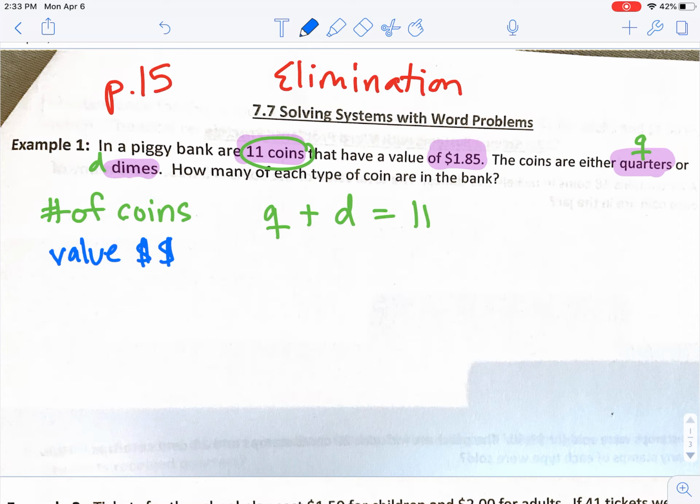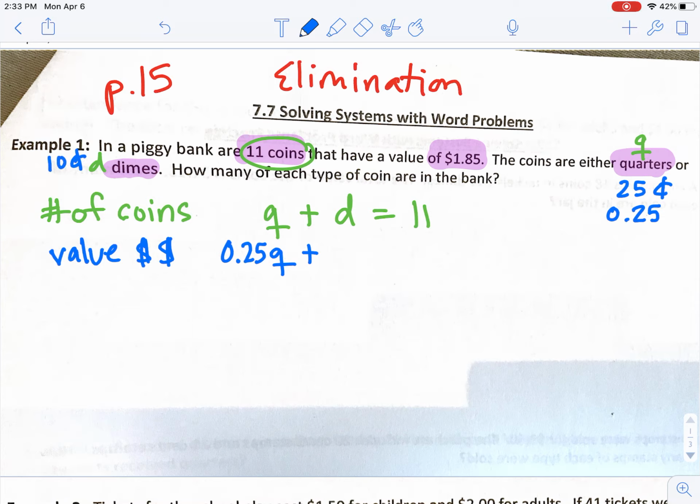So how much does a quarter cost? How much is a quarter worth? So we know a quarter is worth 25 cents, but remember when we write that in dollars, it'd be 0.25. So my quarter is going to get 0.25 times Q because each of those quarters is worth 25 cents. Plus, how much is a dime worth?